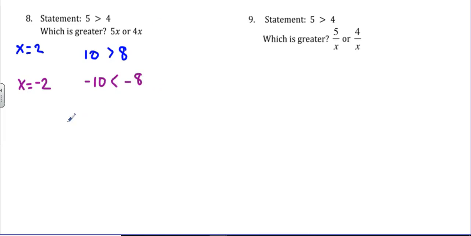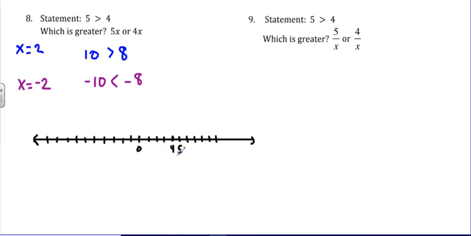If we think about this on the number line, when I multiply by 2, so I double 4 to get to 8, and I double the 5 to get to 10, you still had 5 is bigger than 4 and 10 is bigger than 8. However, when I multiply by a negative, what that does is it makes the number an opposite.